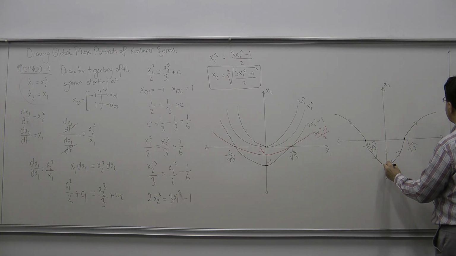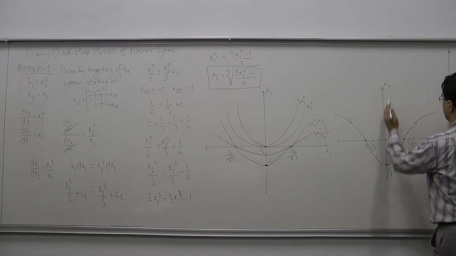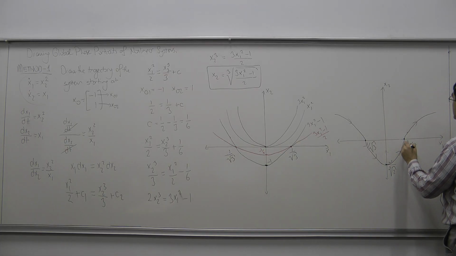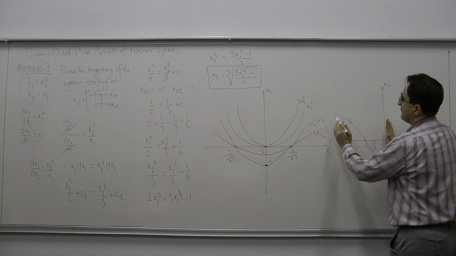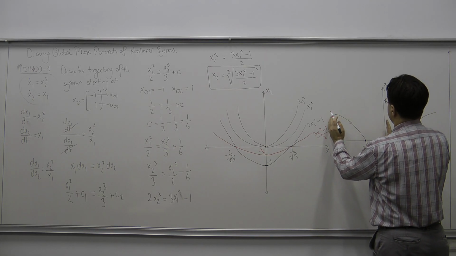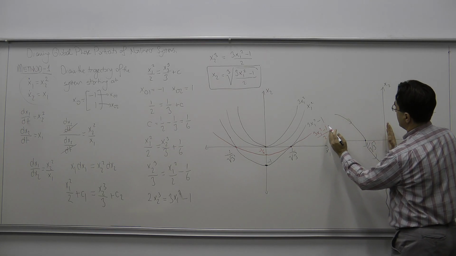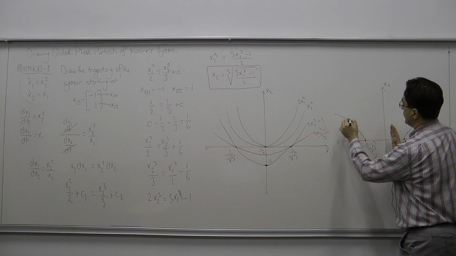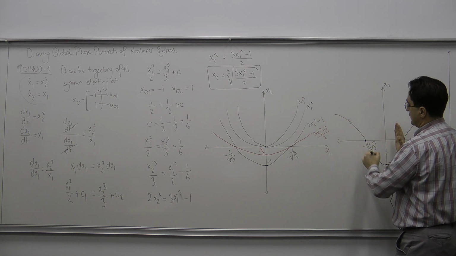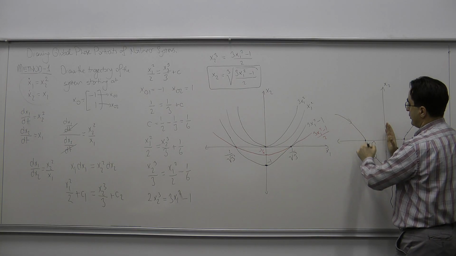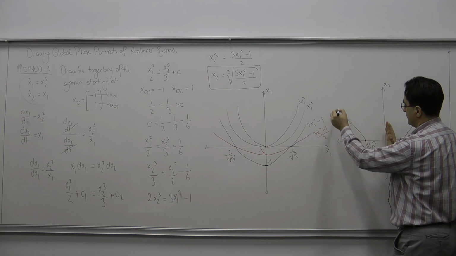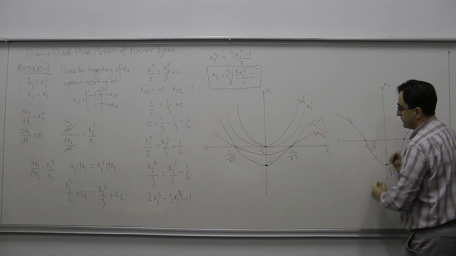Similarly, if x2 is negative, which means that we are in this part of the phase plane, x2 should always decrease, and that is actually what we observe here. On this curve, with this direction, x2 is always decreasing.